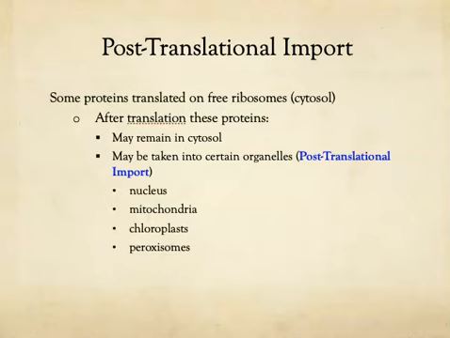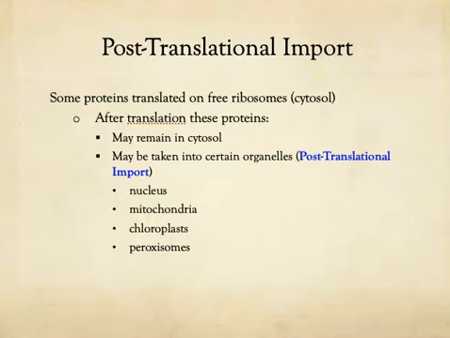Now, the last thing to talk about in this lecture today is the other process that I mentioned at the very beginning of the lecture, what's called post-translational import. There are some proteins that aren't destined for any of those structures on our list.